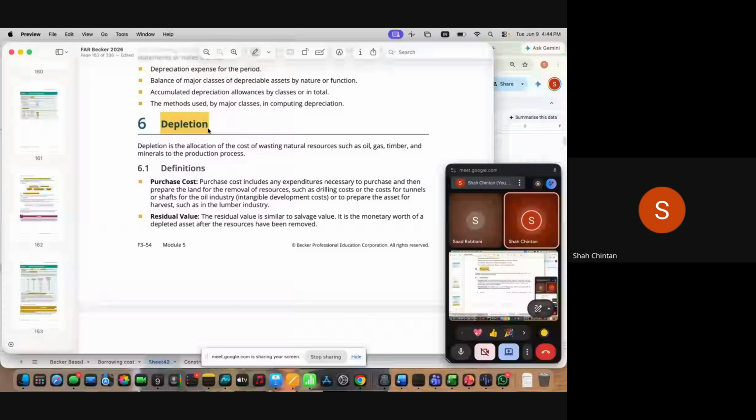So you calculate normal depreciation multiplied by 2. Let's say if you are asked to calculate 150% depreciation, then you do normal depreciation into 1.5, which means 50% extra. Currently we are having 100% extra because it's double declining. Or let's say they ask you 175% declining method, so you calculate normal depreciation into 1.75.